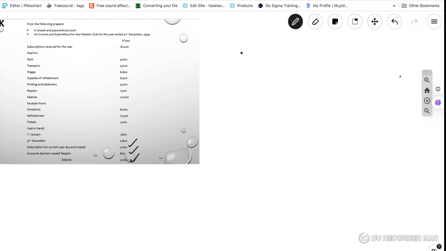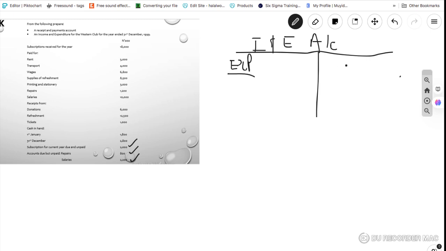So let us draw this. I'm going to be drawing the T-shape. So I have my income and expenditure account. Here we have expenditure, and here we have income.